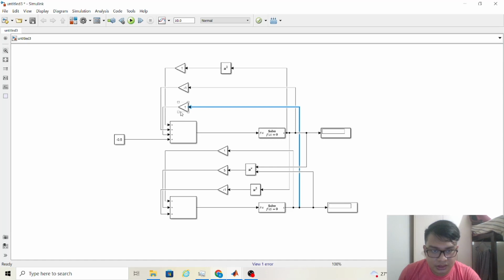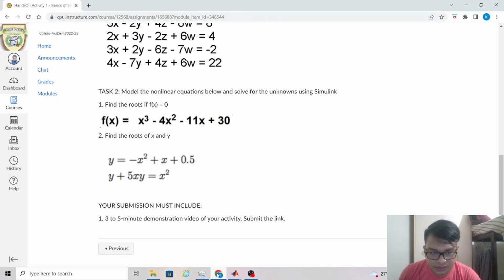This is the y, 1 x squared, 1, this is the square root of x. Here's the block, and a constant of 0.5, the output. Then for the second one it's 1, 5, and negative 1. So this is supposed to be a merge of x and 1. So we have a 5x and square root of negative 1 here.